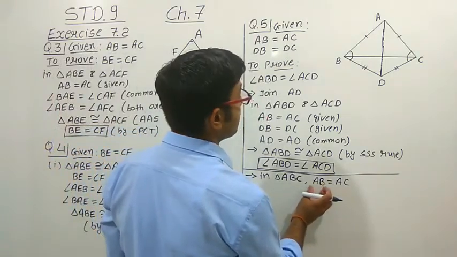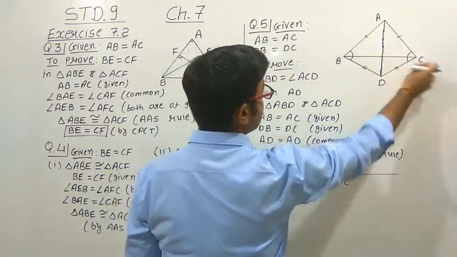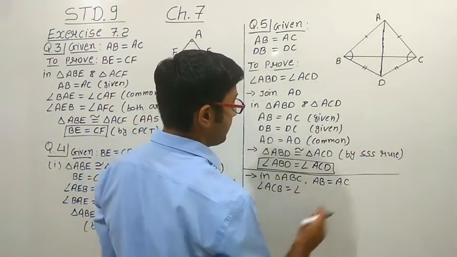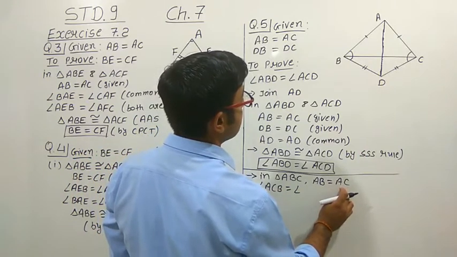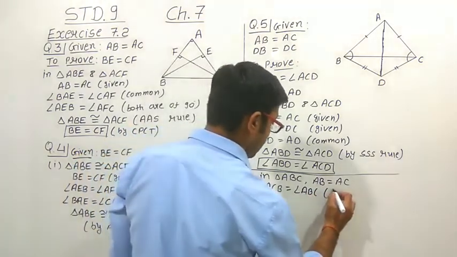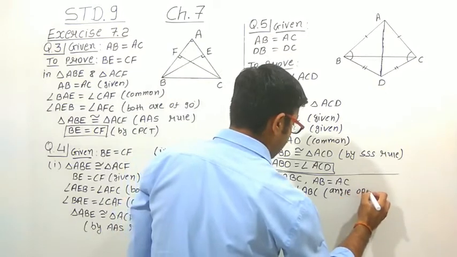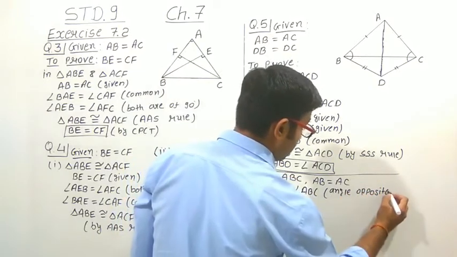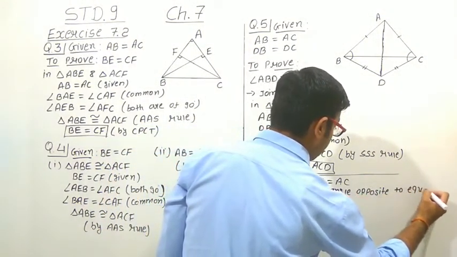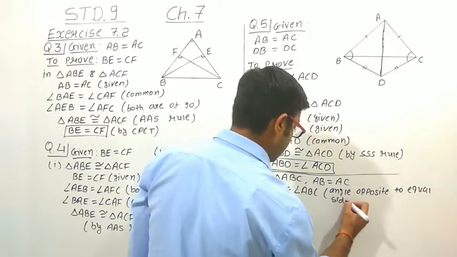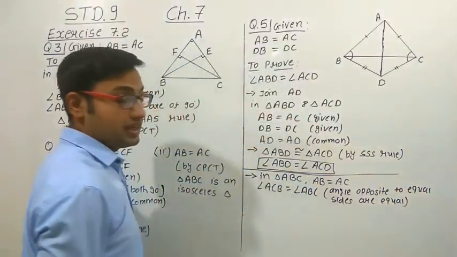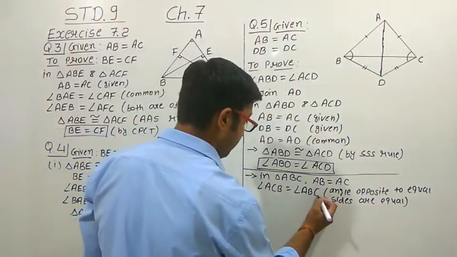So the opposite angle of side AB is ACB, so angle ACB will become equal to the opposite angle of side AC, which is ABC. The reason is: angles opposite to equal sides are equal.